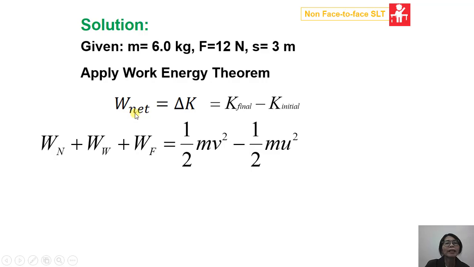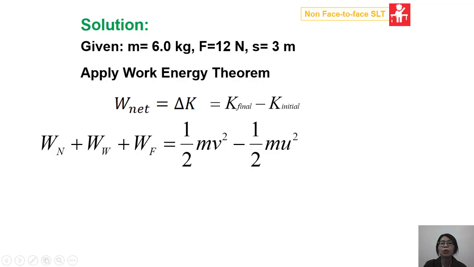So the total work done here will be the work done by the normal force plus the work done by the weight plus the work done by the force, equal to the final kinetic energy, half mv squared, where v is the final speed we want to calculate, minus the initial kinetic energy, half mu squared.